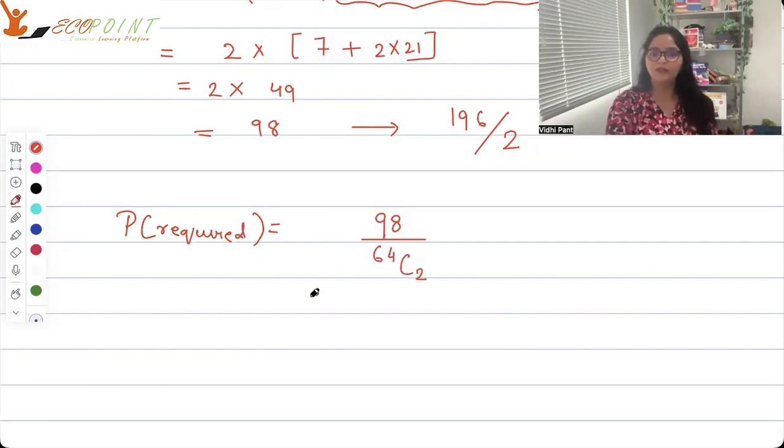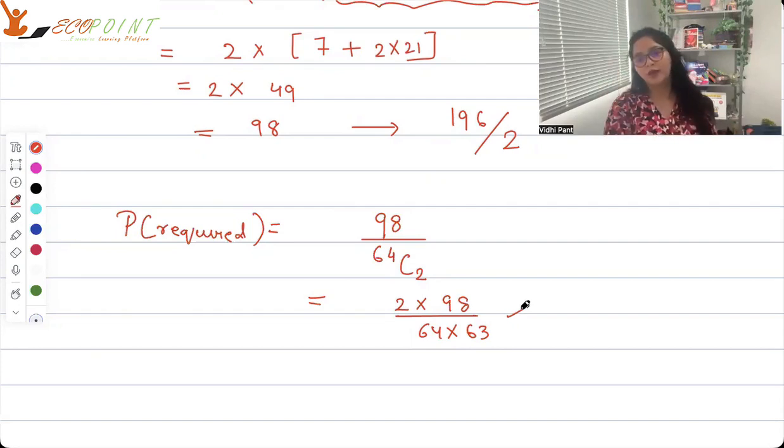In other words, it will just turn into 2 into 98 upon 64 into 63, which is what we figured out there also. So in terms of probability, it's going to be the same. But yes, if it's a question associated with the number of cases, you just have to find the number of cases. You have to be careful where order matters and where order does not matter.